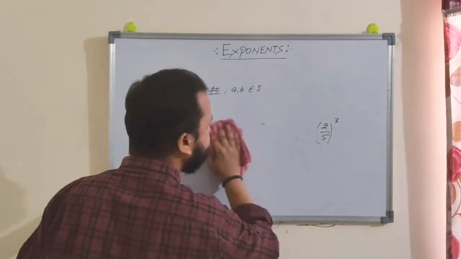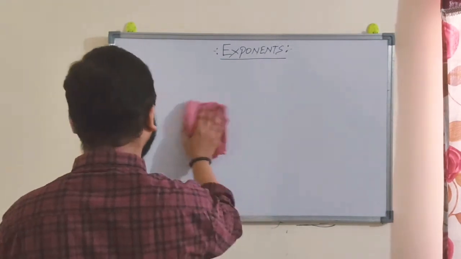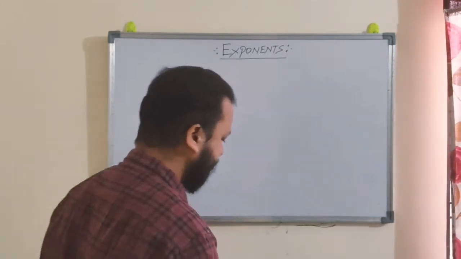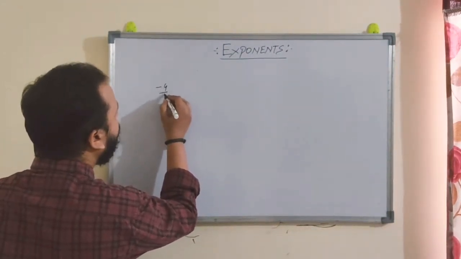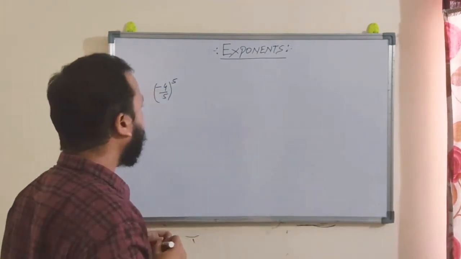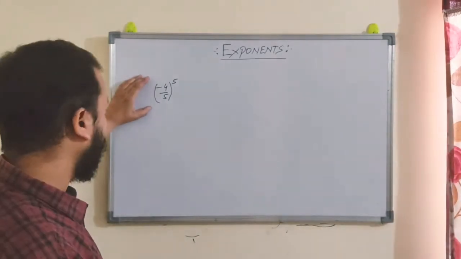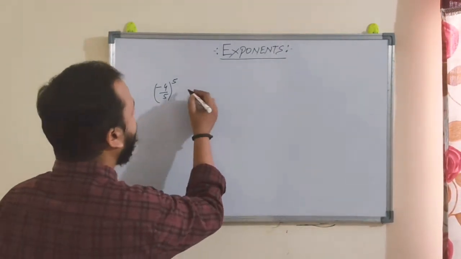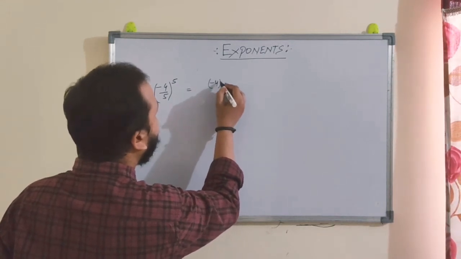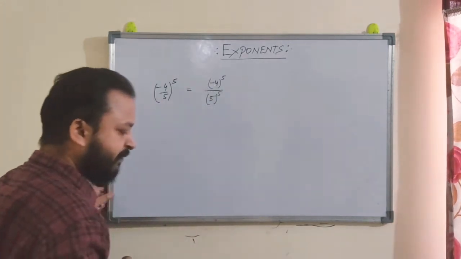So now we are going to take some examples from your book to understand how we solve the problems, right? Suppose a question is given as minus of 4 by 5 raised to the power 5, and you have to evaluate. So you can write it as minus 4 to the power 5 divided by 5 to the power 5, right?